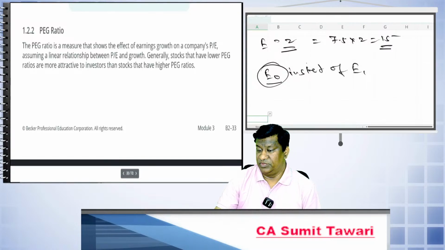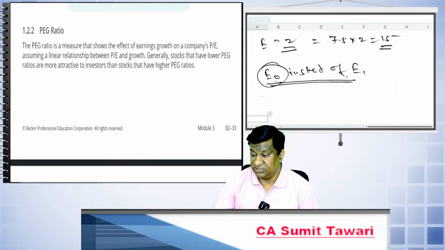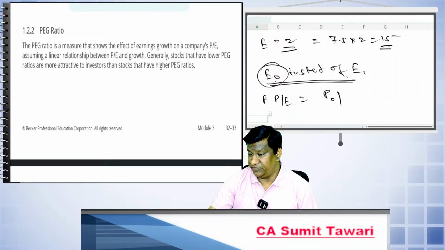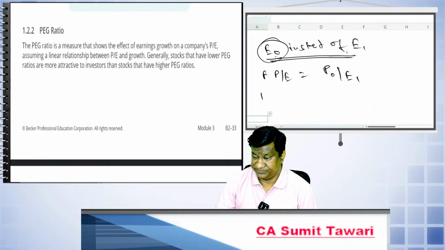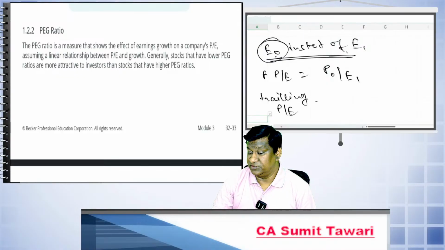Are you able to understand what I'm trying to tell here? For forward PE, the formula is P0 divided by E1. But if they gave the trailing PE, it is basically P0 divided by E0.